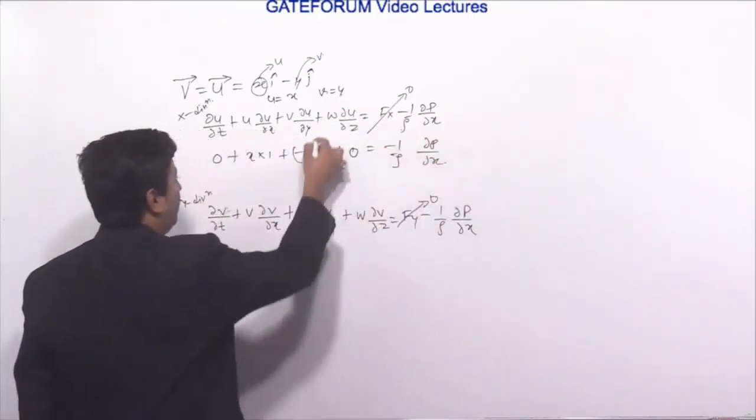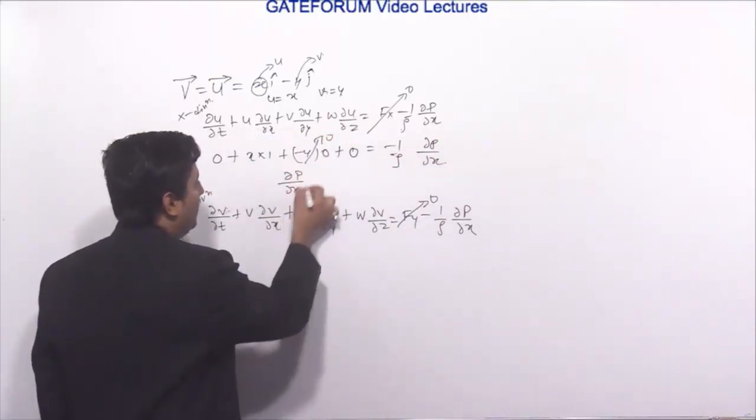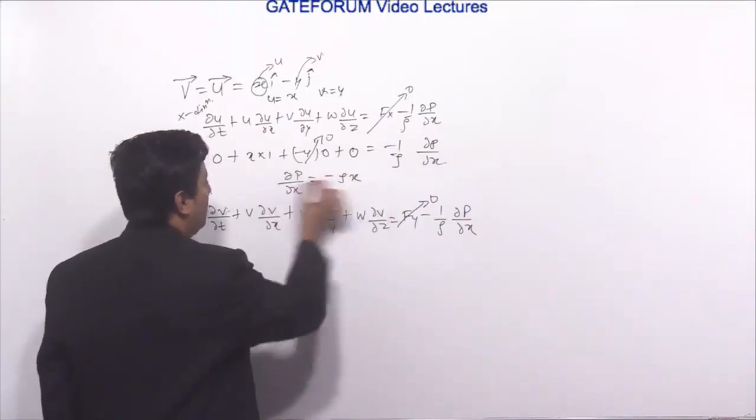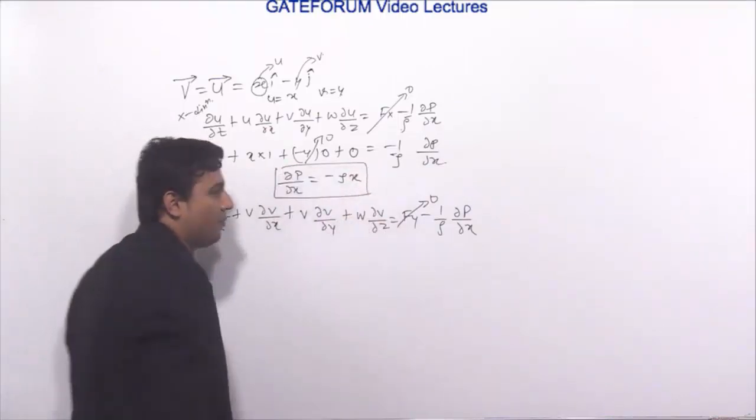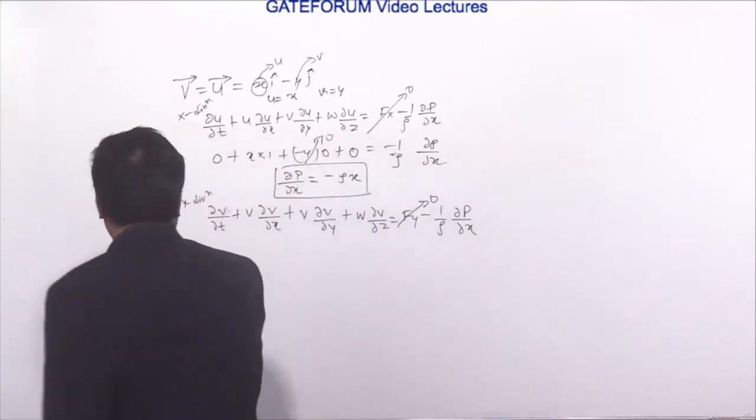So this term will again be equal to 0. So what will we get? Pressure gradient in the x direction is nothing but minus rho x. Yes or no? Minus rho x. Easy.